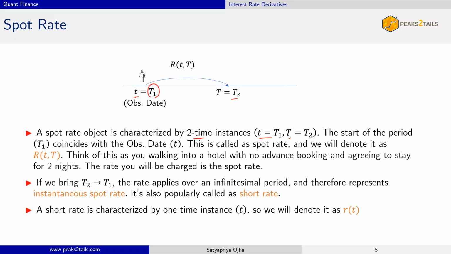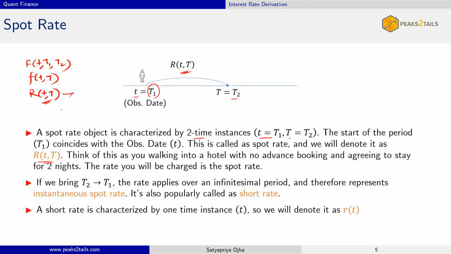They are the same. I will denote it as R(t, T). So the forward rate notation is this, the instantaneous forward is this, and the spot rate I'll denote as R(t, T). This is not instantaneous, mind you. This is simply saying that the first two time coordinates are the same, so you don't need to separate them.